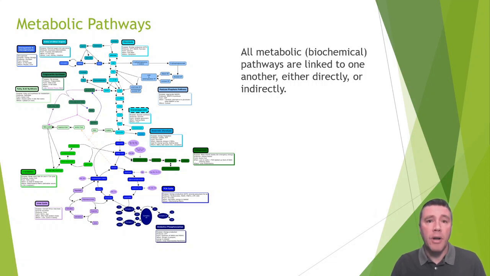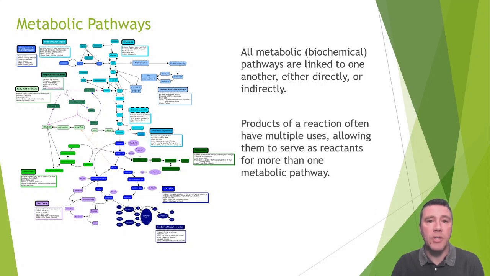Additionally, the products of a reaction act as the reactants for subsequent ones. Between cell types and even different organisms, the outputs of biochemical reactions can behave as the required inputs for a different cell type. This model shows a few of the chemical reactions that we have studied in this class.